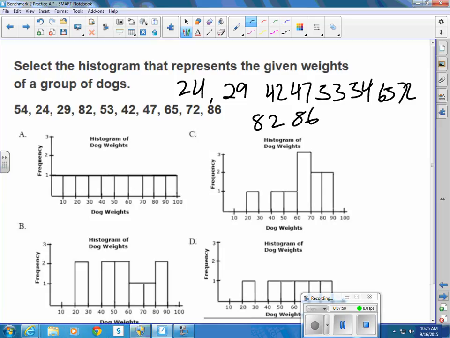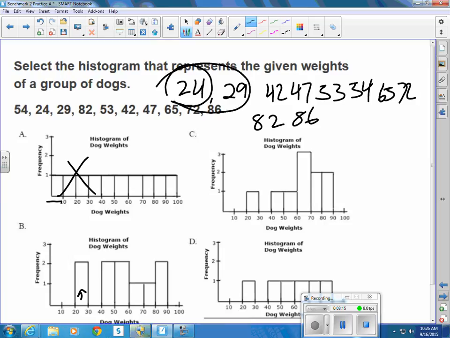Okay. And so let's see. This graph has 1 from anywhere between 0 and 10. So we know it's not that one, because we have nothing below 24. This one has 2 in the group from 20 to 30, and we have 2 in that group.